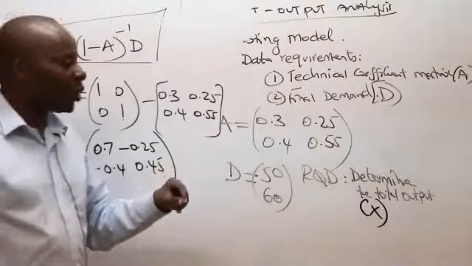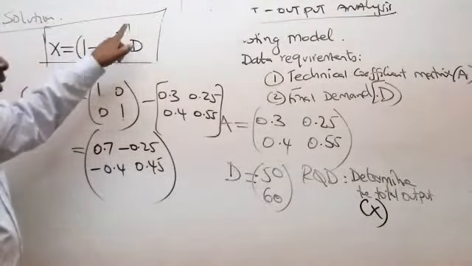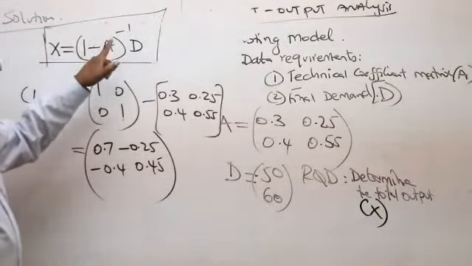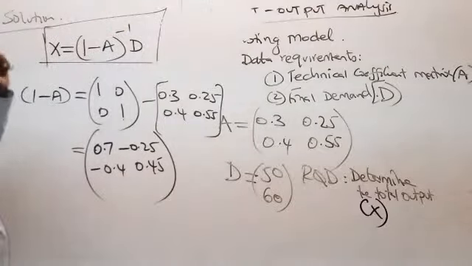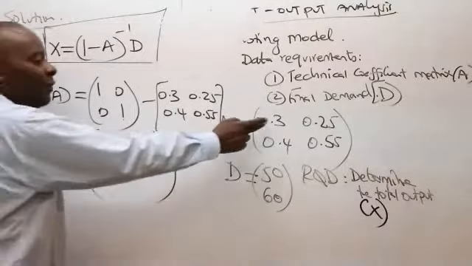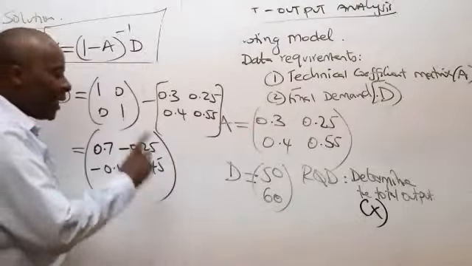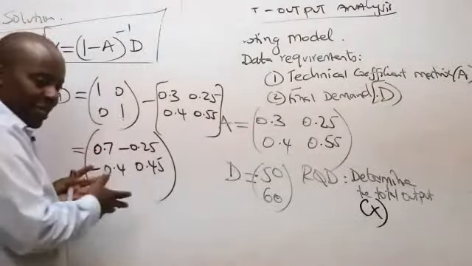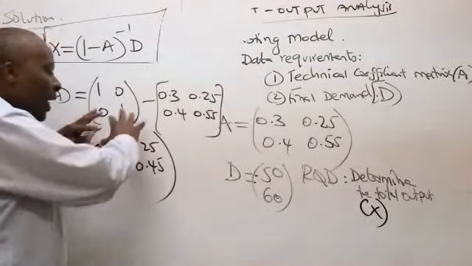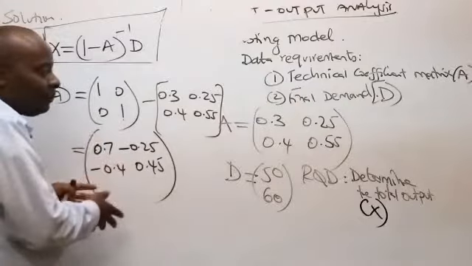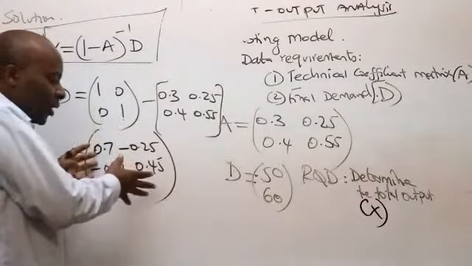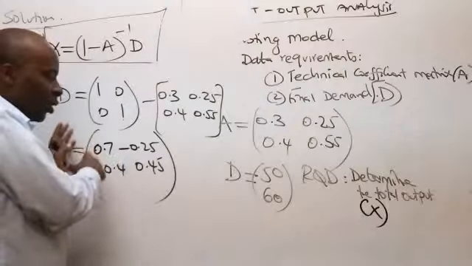Thank you very much. Because this raised to minus 1 means inversion. This means inverse. So remember, we are not getting inverse of A, we are getting inverse of I minus A, thank you very much James, the result of our subtraction here.